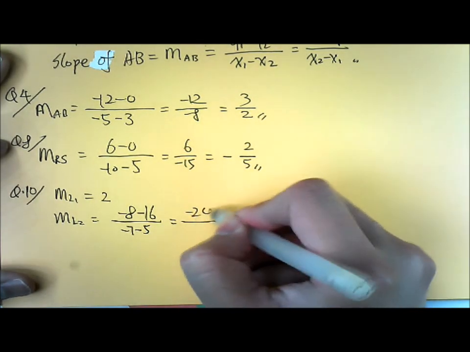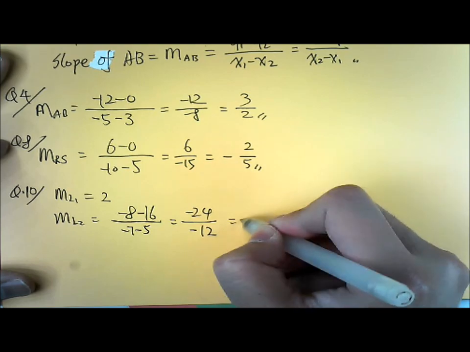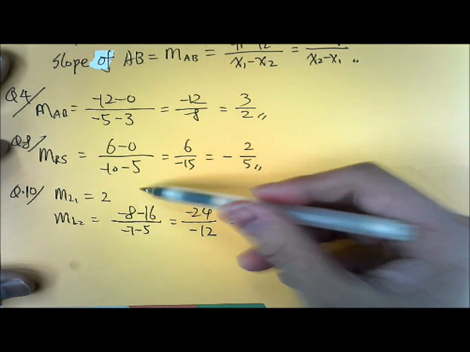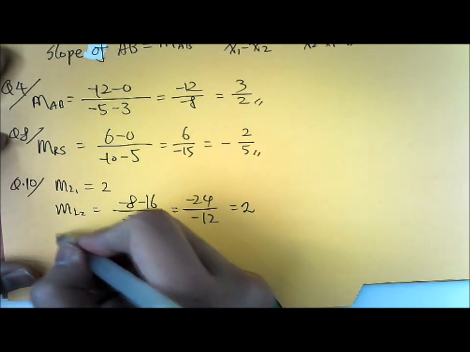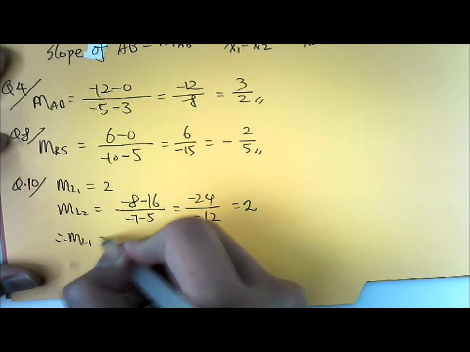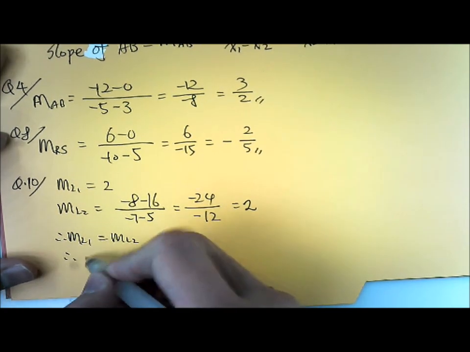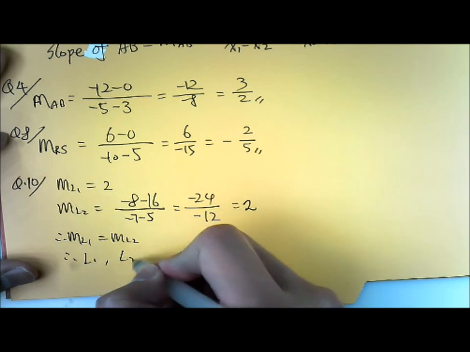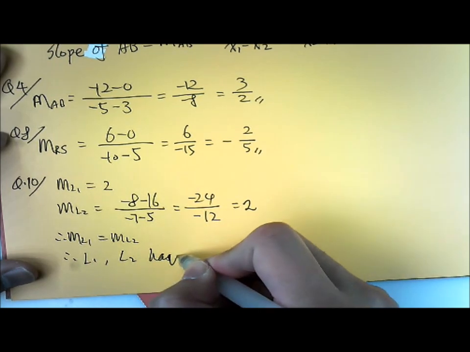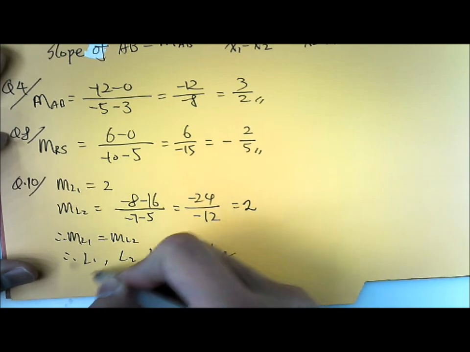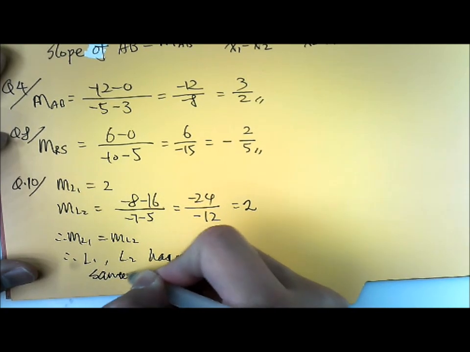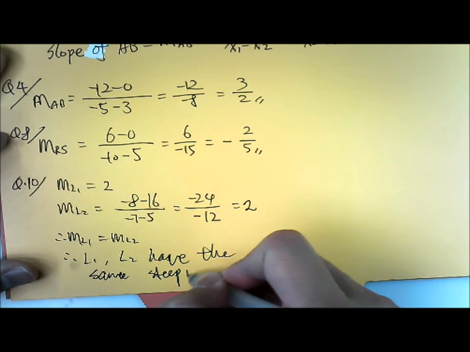This is minus 24, this is minus 12, exactly 2. So they are the same. Understand? So m_L1 equals m_L2. So L1 and L2 have the same steepness.